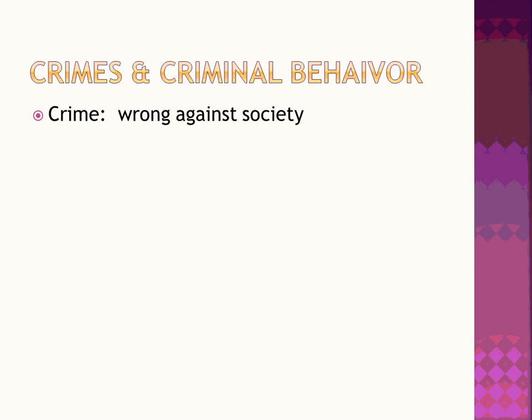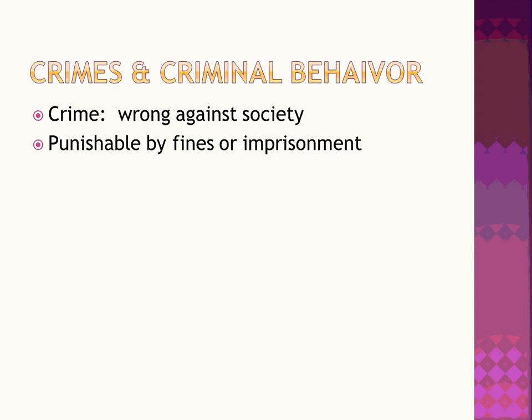Okay, so a crime is a wrong against society. It is punishable by fines and imprisonment, or fines or imprisonment, depending on the crime. When the defendant, or the person who's convicted of the crime, pays the fines, who gets that money? The government, okay? The person who was wronged does not get the money.